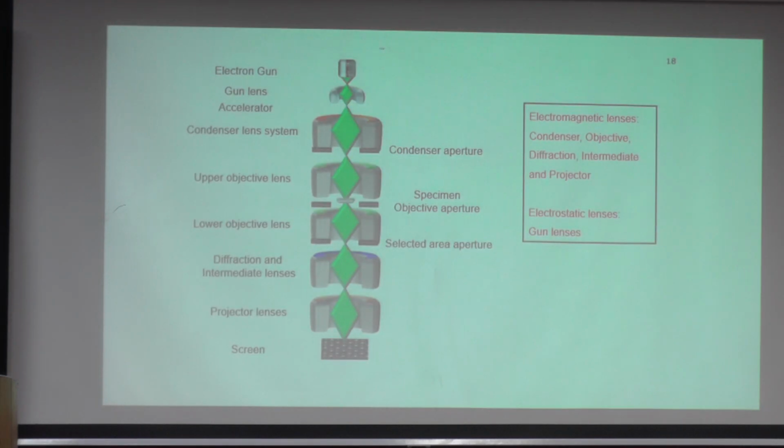So now let us look at the electromagnetic lenses and how they are constructed. Electromagnetic lenses are the condenser, objective, diffraction, intermediate and projection lenses. These are electromagnetic lenses. The gun lenses are electrostatic lenses.